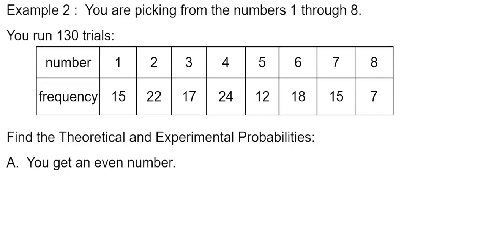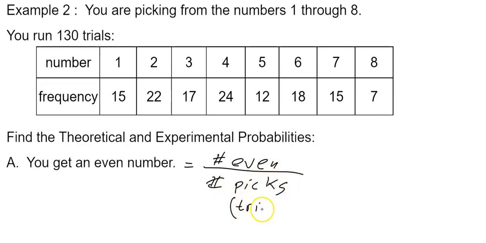So if we pick from our numbers 1 through 8 and we did this 130 times, what is the probability that we get an even number? Well, it's the number of evens over the number of picks, or the number of trials. So we got an even number, 2, 4, 6, and 8.